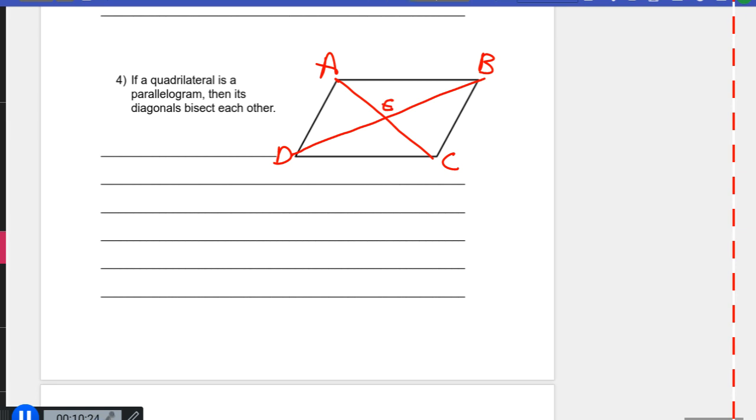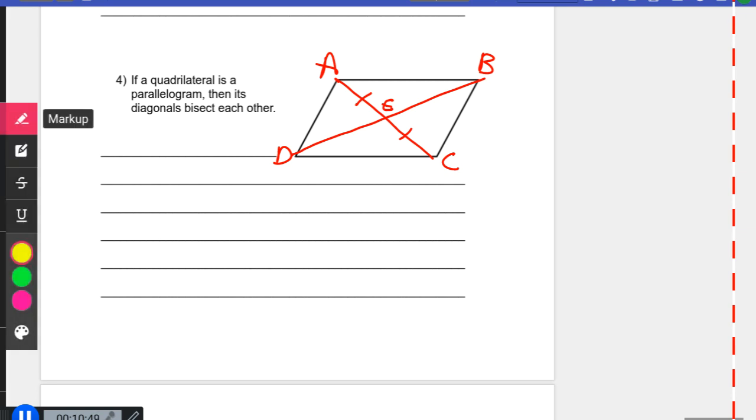So if I'm trying to show that they bisect each other, I need to show that AE and EC are the same. Alright, this one we're going to use congruent triangles.